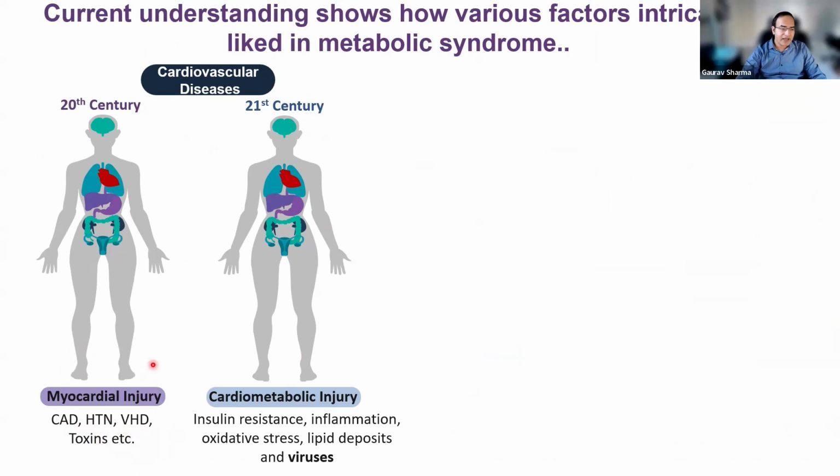But in the 21st century, advancement in the field has advanced our knowledge, and now it is more about insulin resistance, inflammation, oxidative stress, lipid deposits, and viruses. The recent pandemic is one of the great examples of viruses.